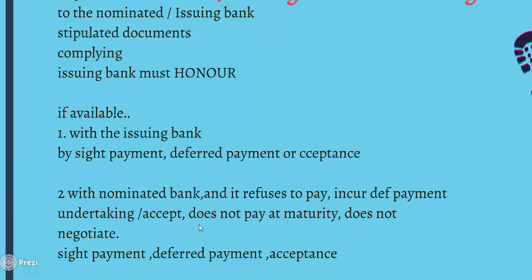They have to make sight payment if it is available by sight payment. If it is available by deferred payment, they undertake a deferred payment undertaking and pay on the deferred date. If it is available by acceptance, they accept and pay on the due date. If the nominated bank accepts or incurs a deferred payment undertaking and doesn't pay on the due date, the issuing bank will have to pay. That is how they honor if it is available with the issuing bank.